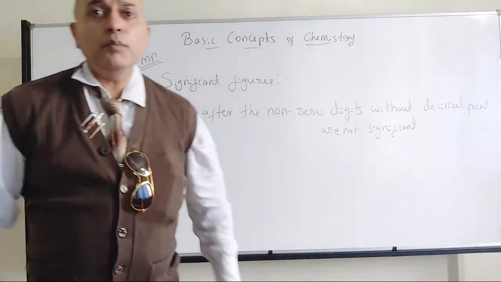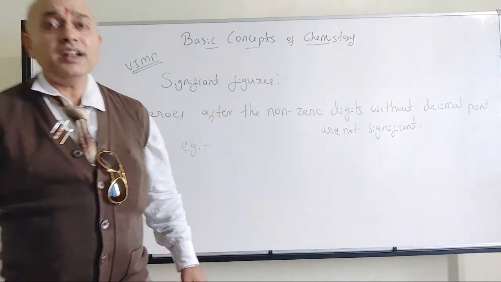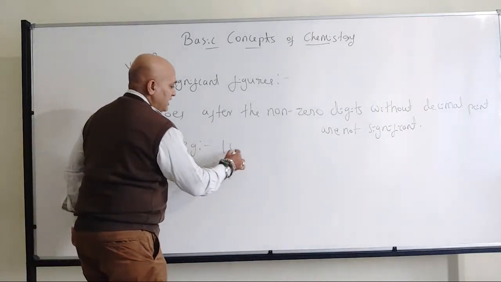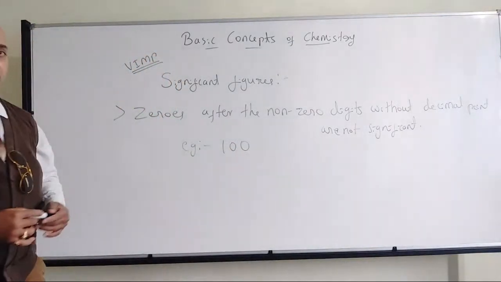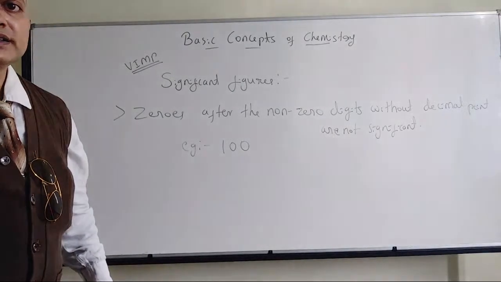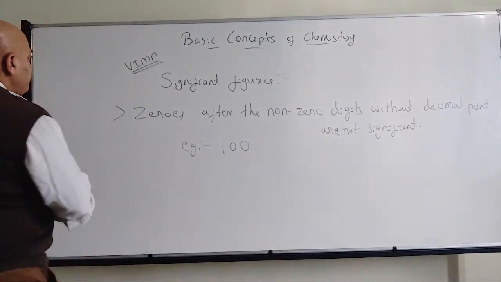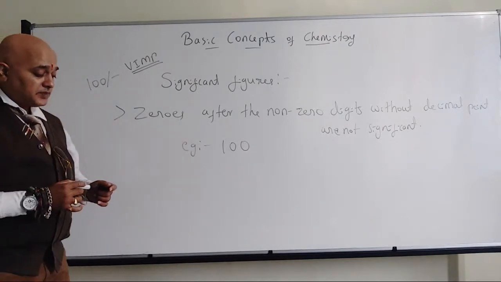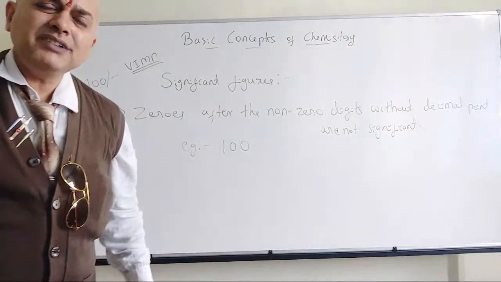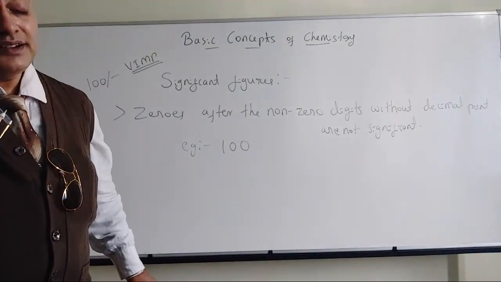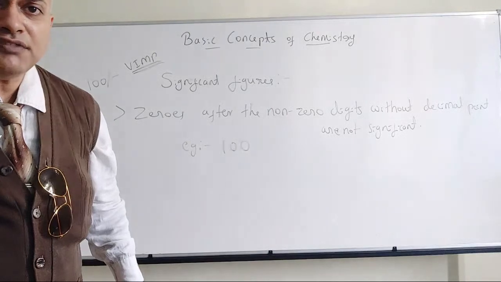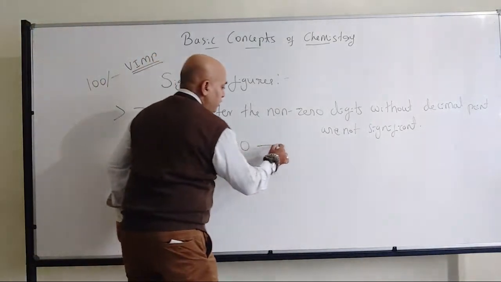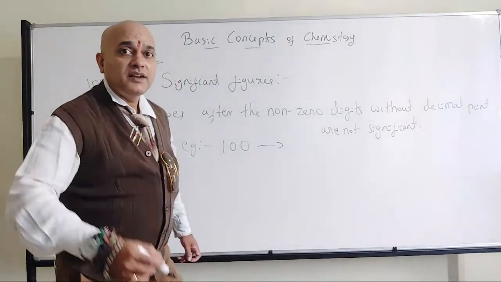What is that amount of money your father gave for today's expenditure? If I tell 100 rupees, if I write like this, it's actually wrong. For day to day, we mention it like this. But in reality, with respect to science, this does not have any meaning.